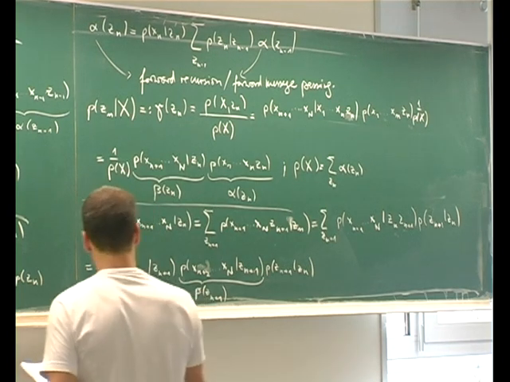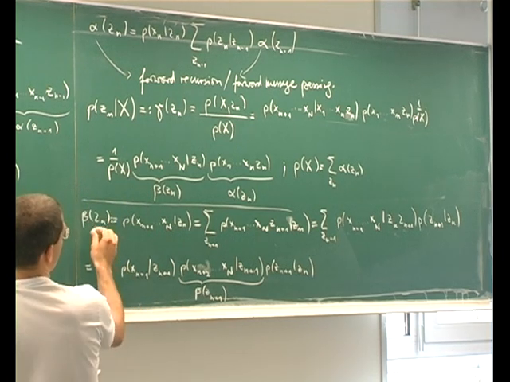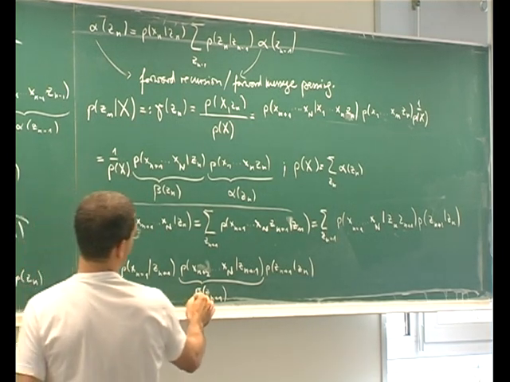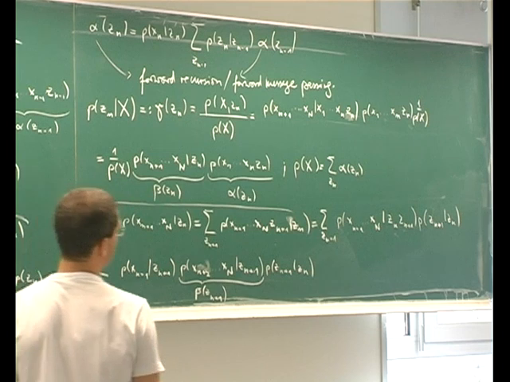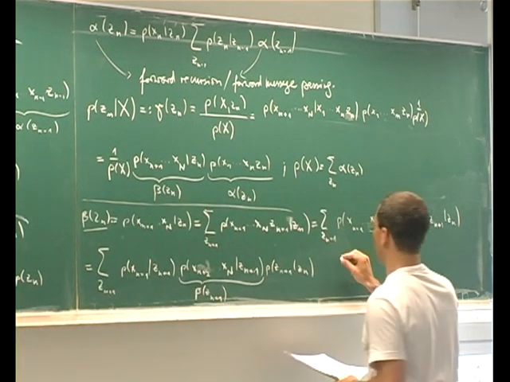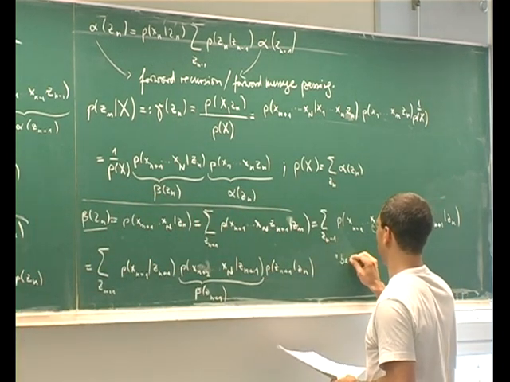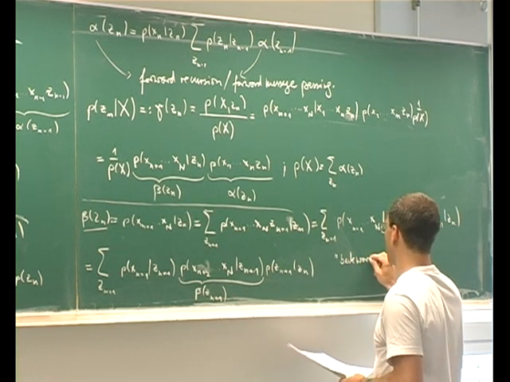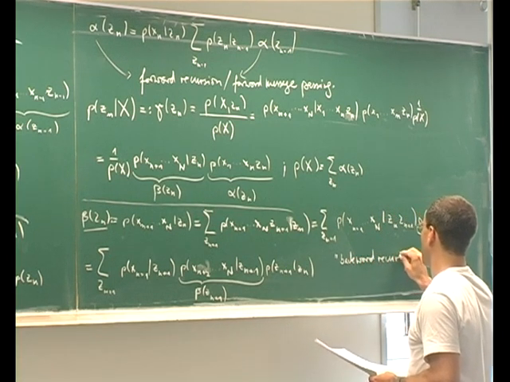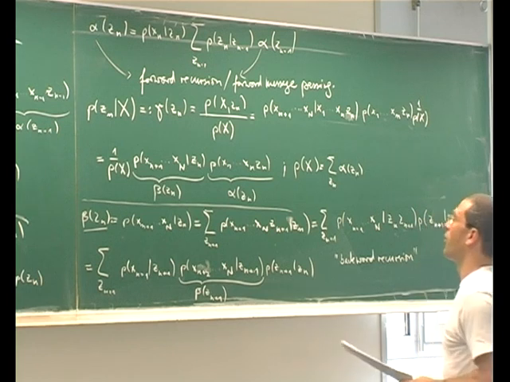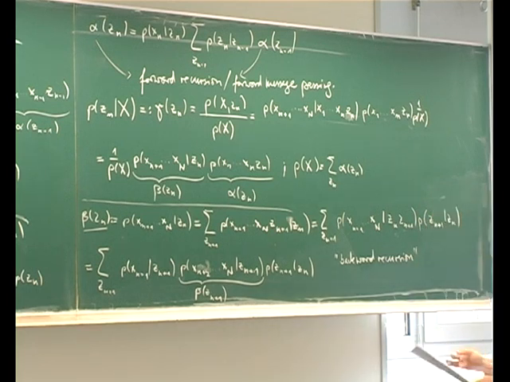Okay, and again we have a beta here, and we have a beta there. So it's again a recursion, this time a backward recursion or backward message.